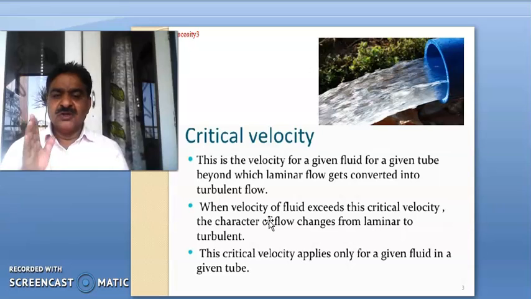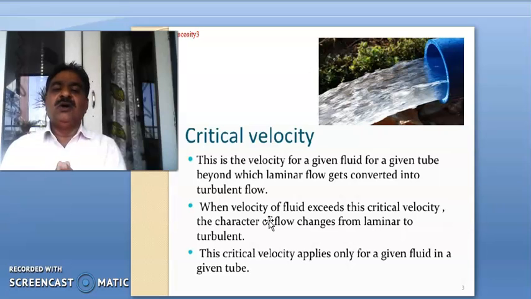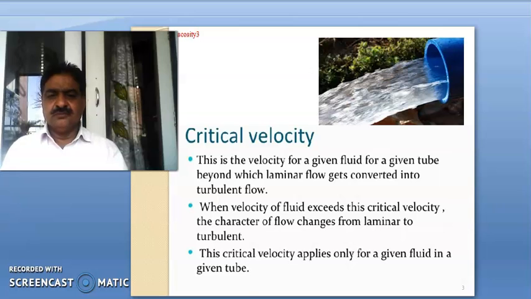This critical velocity applies only for a given fluid in a given tube. Yes, we have seen the critical velocity is nothing but the velocity at which the texture of flow of fluid changes from laminar to turbulent.